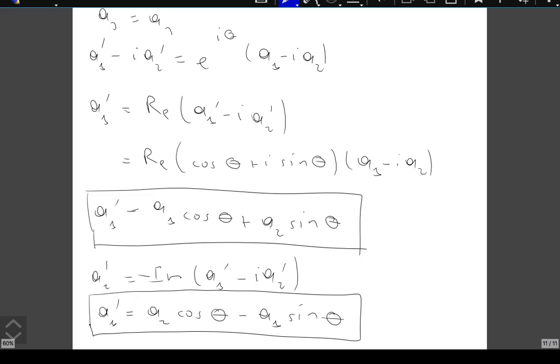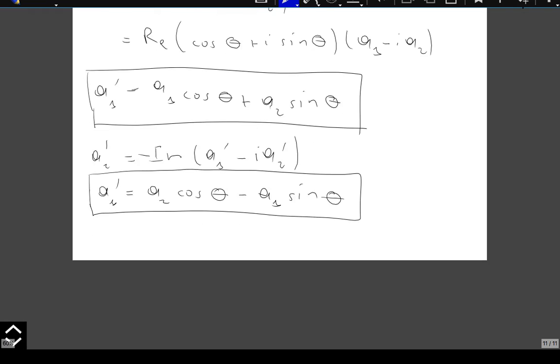Which is nothing but a rotation by theta. So basically this tells us that U dagger sigma dot A U is nothing but sigma dot the rotated A.